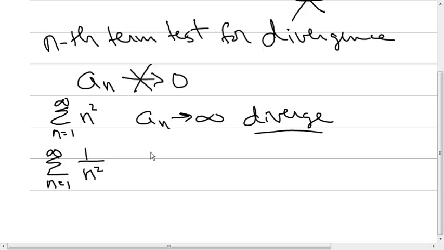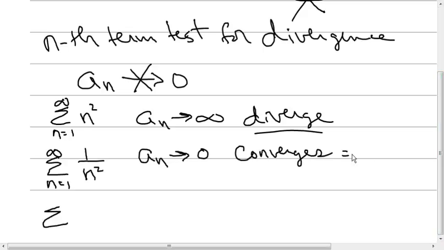Clearly, the nth term as n goes to infinity is going to 0, because in the limit 1 over n squared is going to 0, and if we worked out the math, this converges.